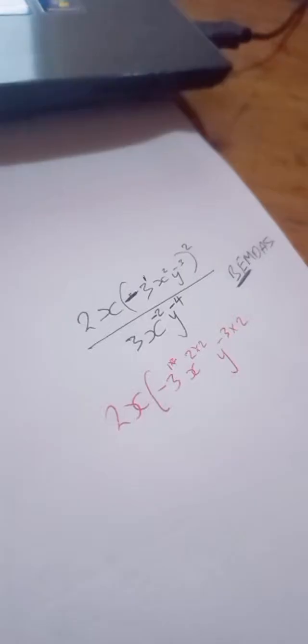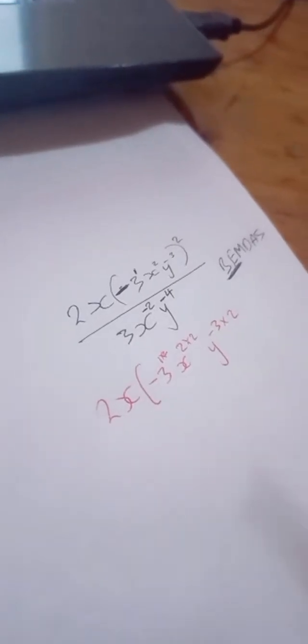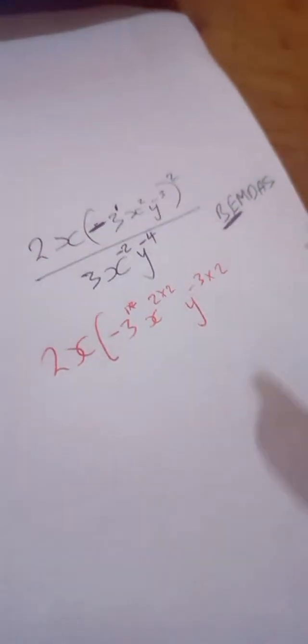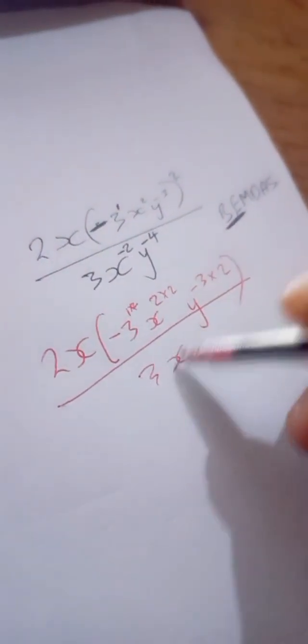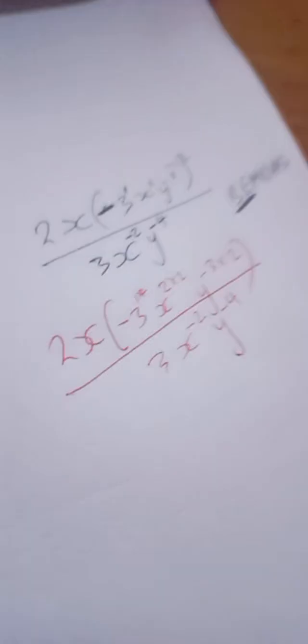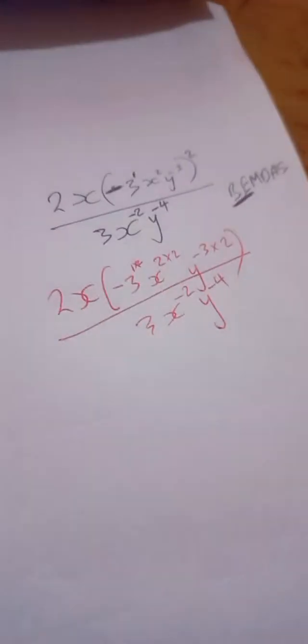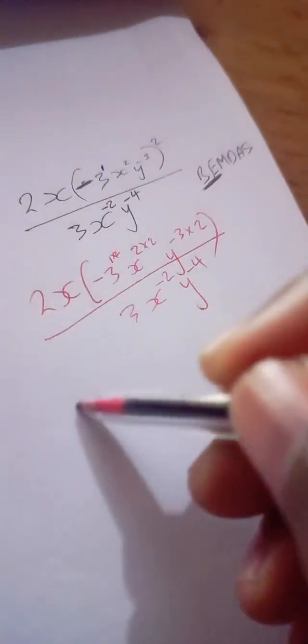Right. So the exponents are the ones which are multiplying each other. And then divided by 3x to the power negative 2, y to the power negative 4. Like this.